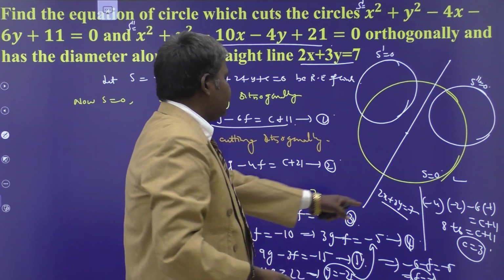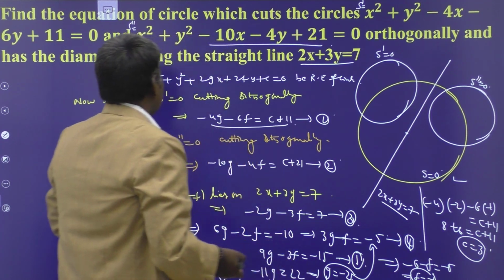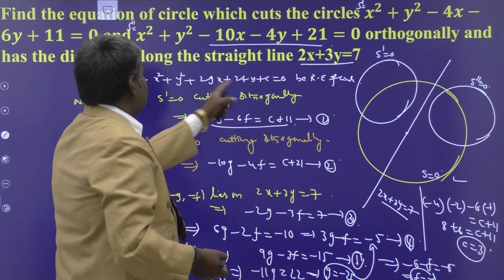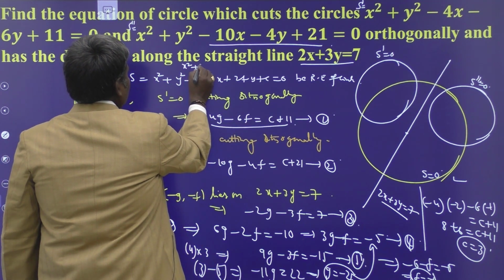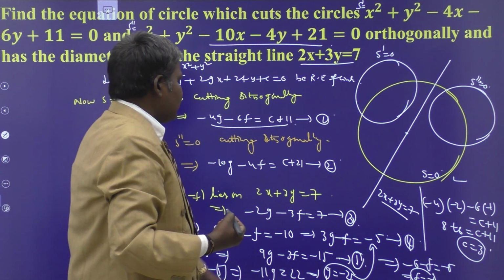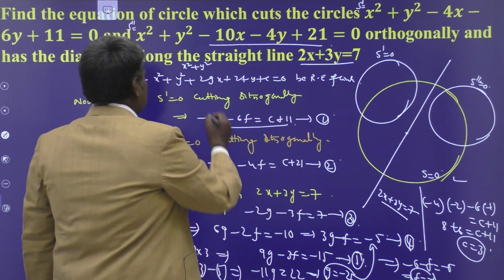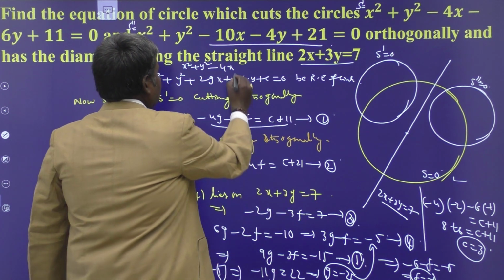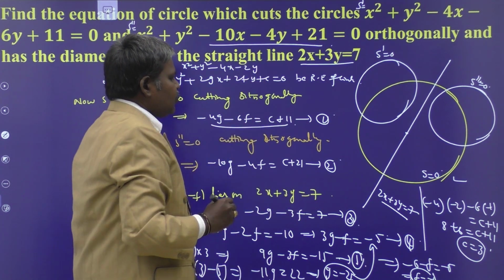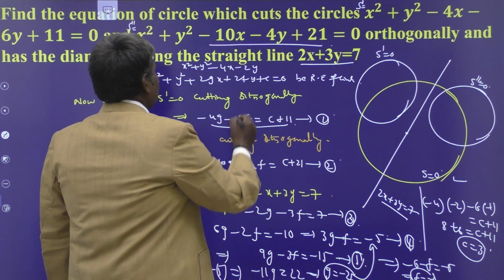So we have f, g, c values obtained. Substitute f, g, c values in s is equal to 0, we get the required equation. What is the answer? x square plus y square, 2gx, that means minus 4x, 2fy, that is minus 2y, plus constant, that is plus 3 equal to 0.